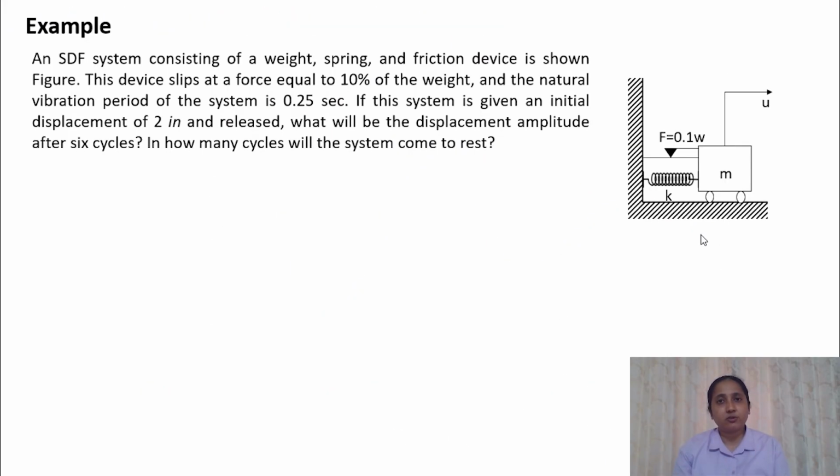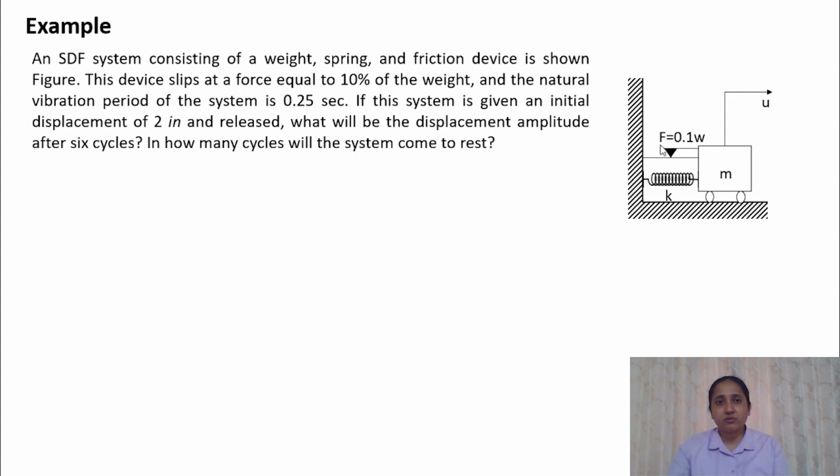Now we will solve an example problem in a Coulomb damped free vibration system. An SDOF system consisting of a weight, spring and friction device is shown in the figure. So you have a mass and a spring with stiffness k, and a friction device as shown here.